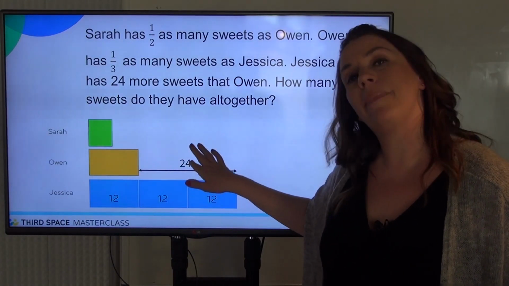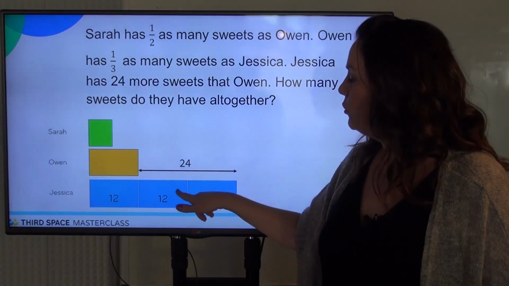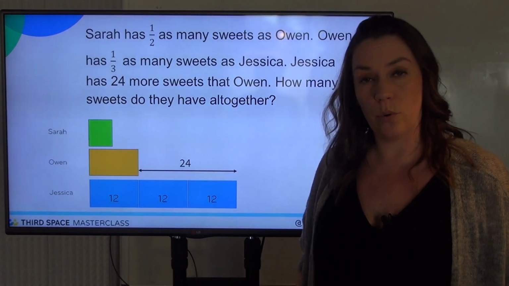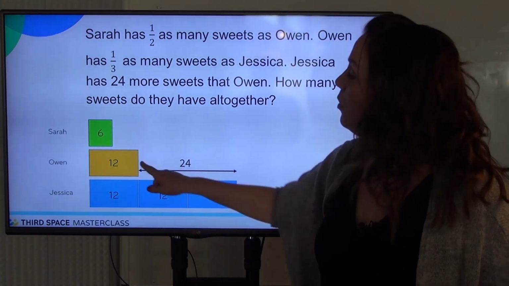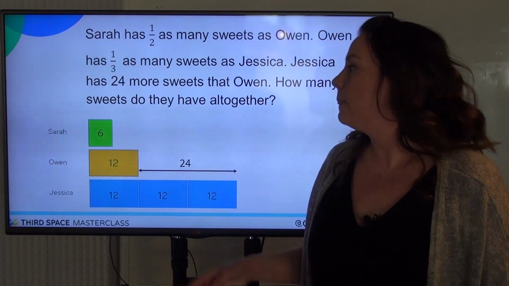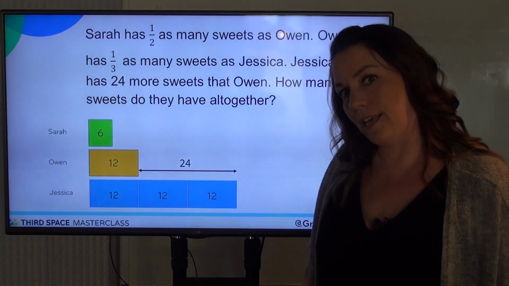We know that this number here is 24, which is 2/3 of the whole bar. So 2 parts of the bar must equal 12. That then tells us that Owen must have 12 sweets, and then Sarah has half as many as Owen, and so she must have 6.